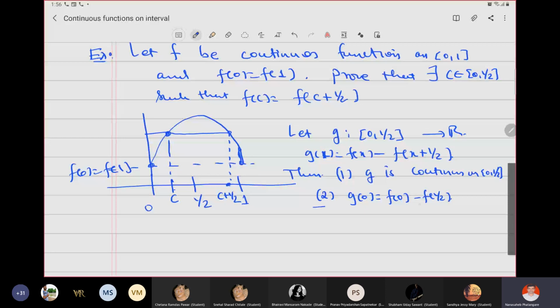And what is g of half? It is f of half plus half, that is f of 1, minus f of half, because 1 is not in the domain of g but f is defined there.